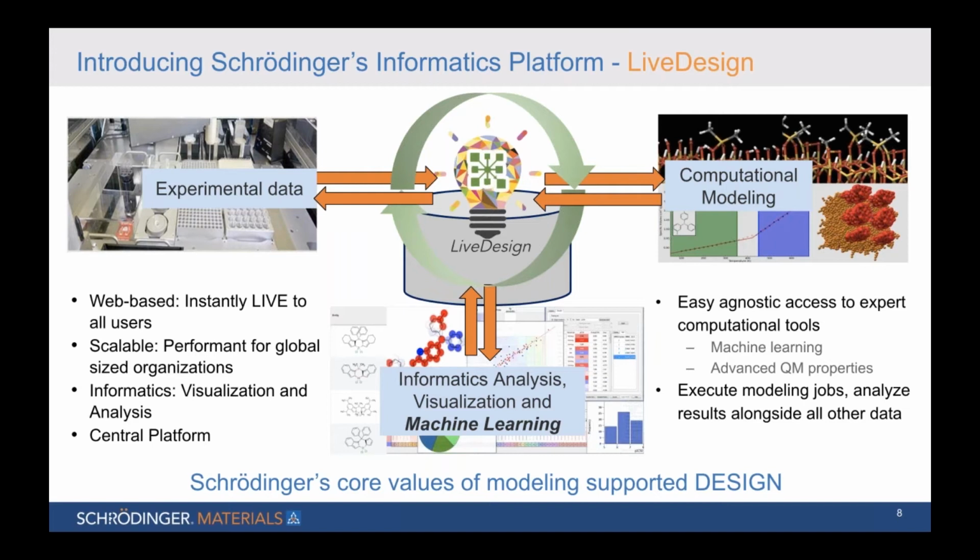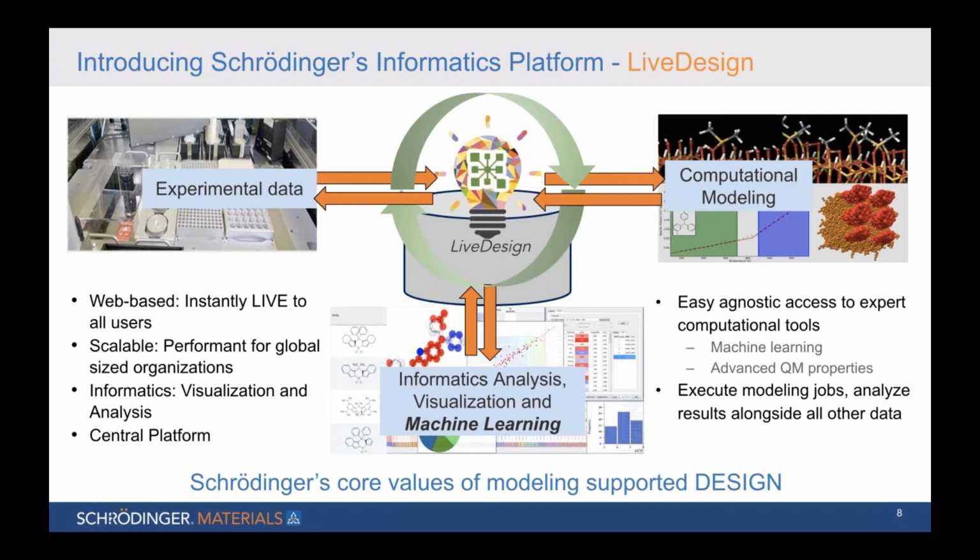Besides the data part, another big advantage of LiveDesign is that it's a platform where a user can port or develop new workflows and run the computational tasks on it, so that the computational results will come back side by side in one spreadsheet, or what we call a live report, together with their imported user data or experimental data.